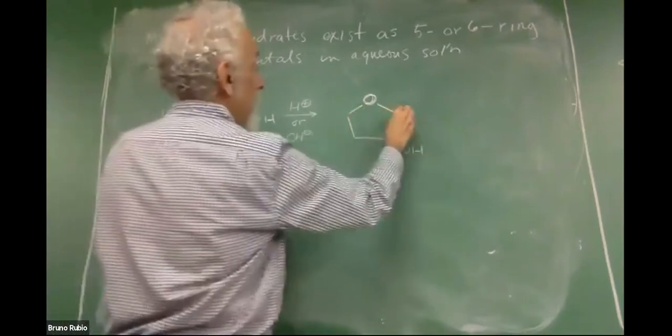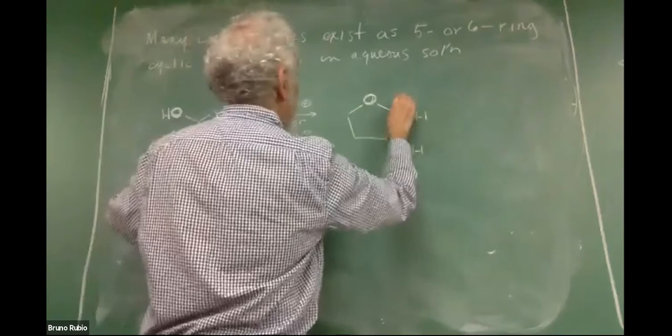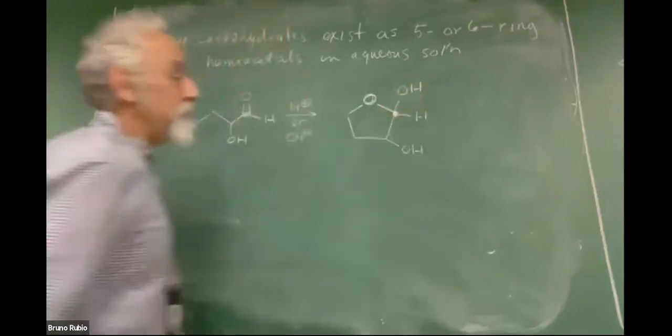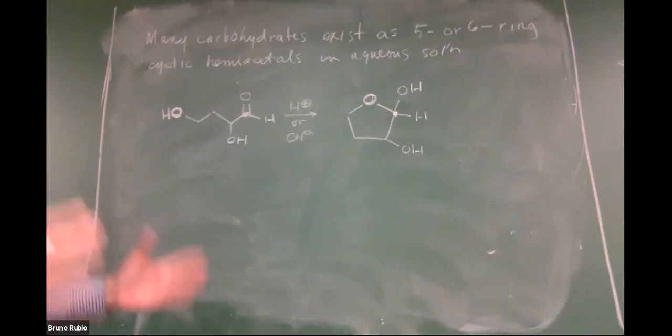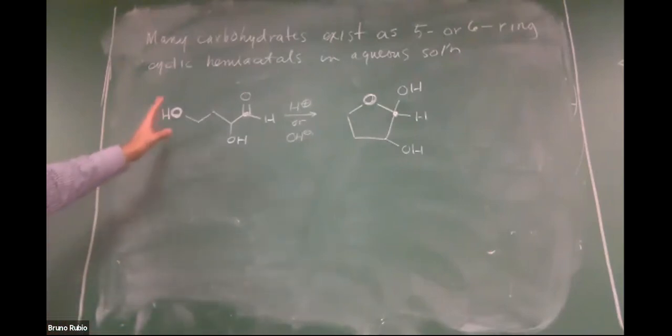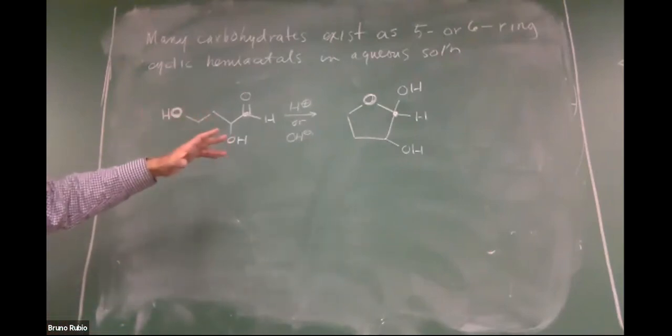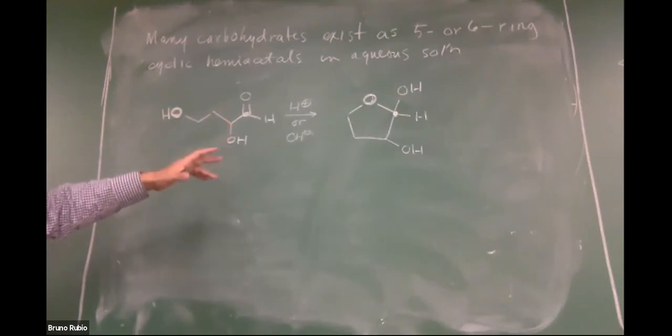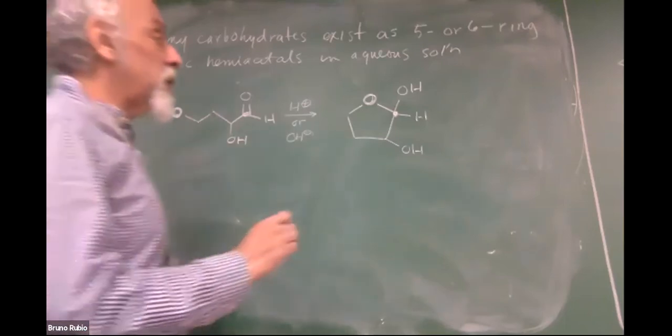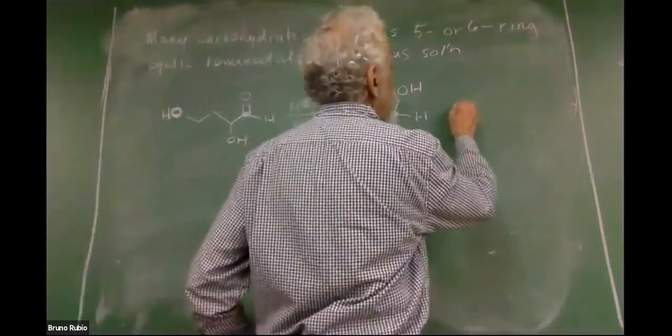And this is now my hemiacetal. That's my hemiacetal carbon. And so this is what happens in aqueous solution, in that beaker, in that glass, or inside a cell. A 5-membered ring, cyclic hemiacetal. This is called a furanose.